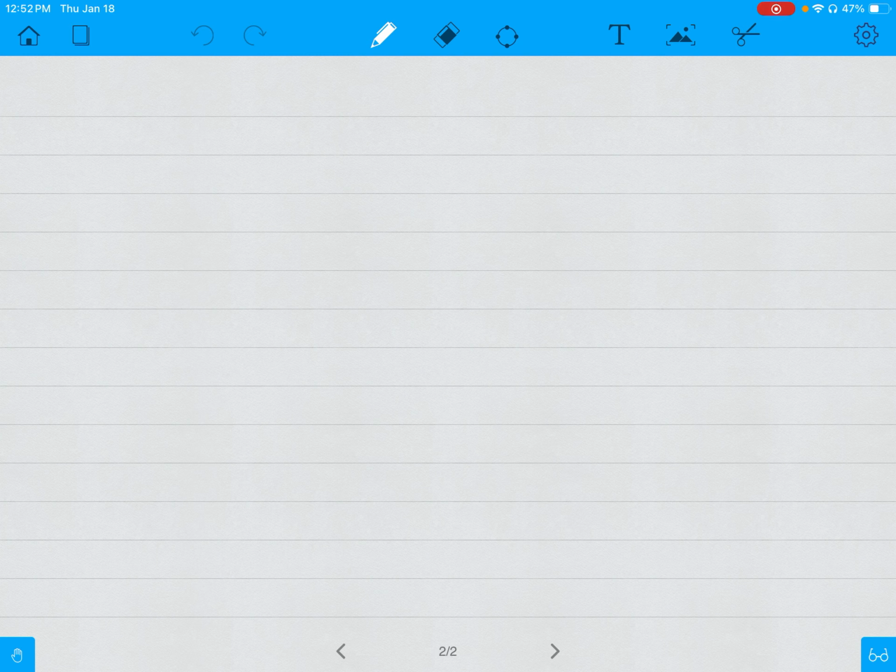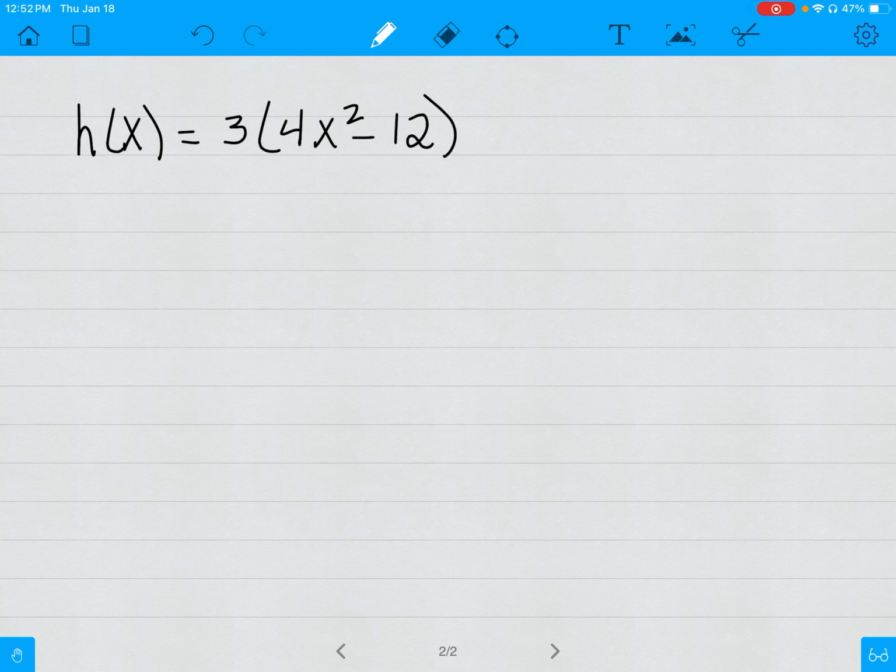So here's another example of a composite function. Let's say this time I have h of x is equal to 3 times 4x squared minus 12, cubed. Okay, so here's a function.